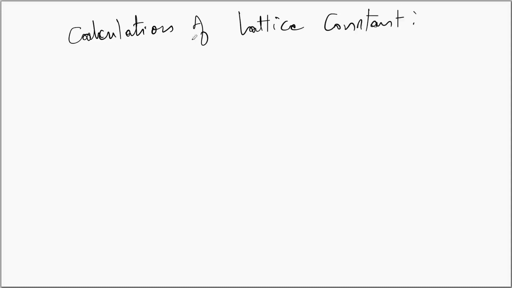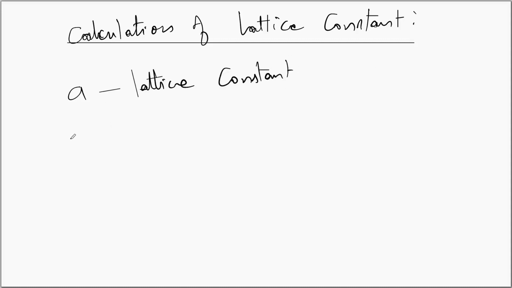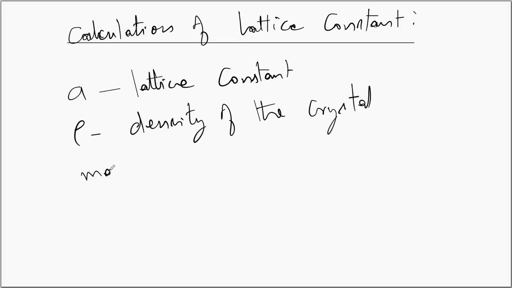We shall now see how to calculate the lattice constant. Suppose small a is the lattice constant and rho is the density of the crystal, then the mass of the unit cell is rho a cube.